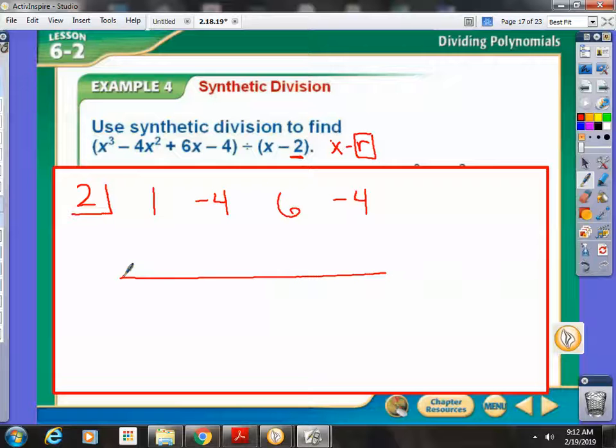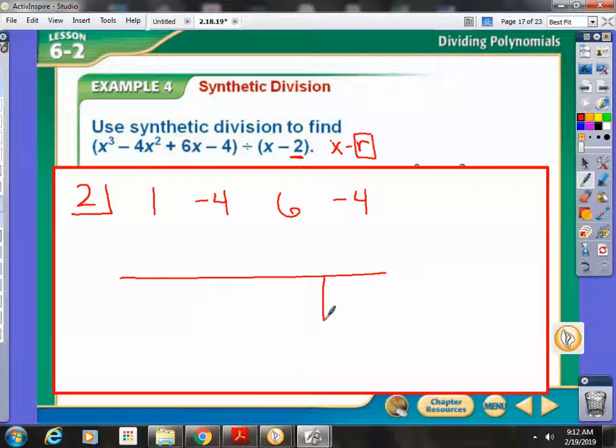I want you to skip a line in your notebook and then draw a horizontal line. And I'm going to put a vertical line right here, between the 6 and the negative 4.